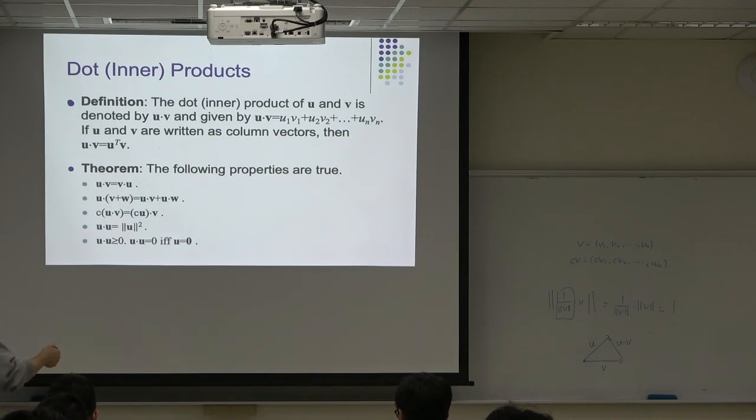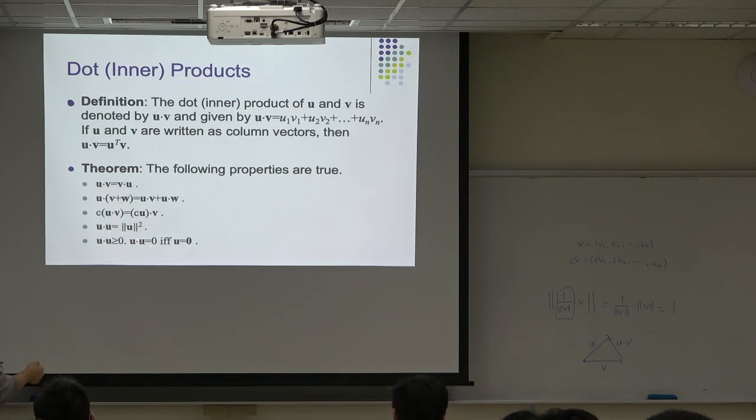U inner product V equals V inner product U. This inner product and matrix addition have a distributive law. C times U inner product V is CU times V inner product V. U inner product U equals the square of the norm of U, and U inner product U is greater than or equal to 0.